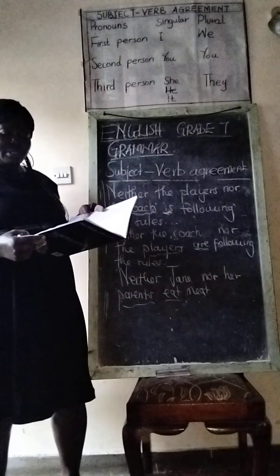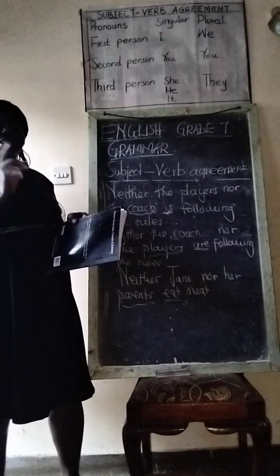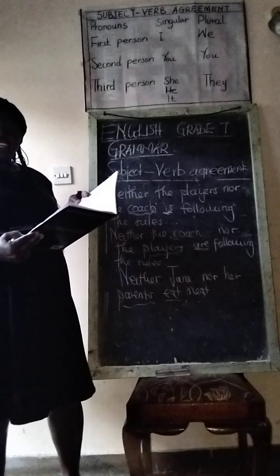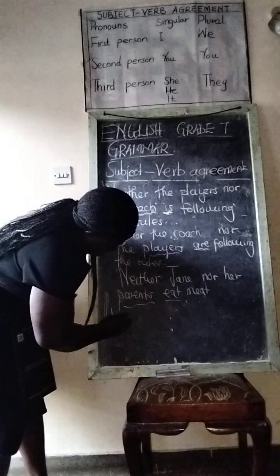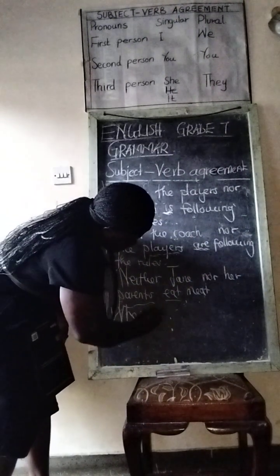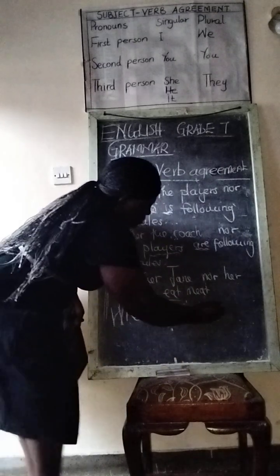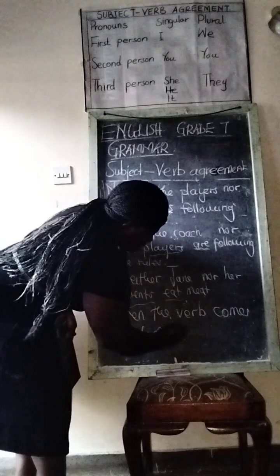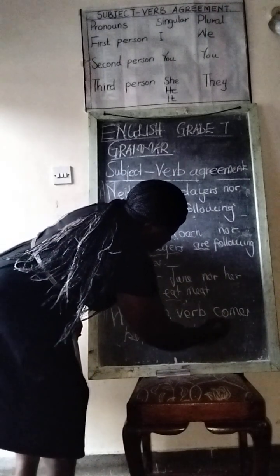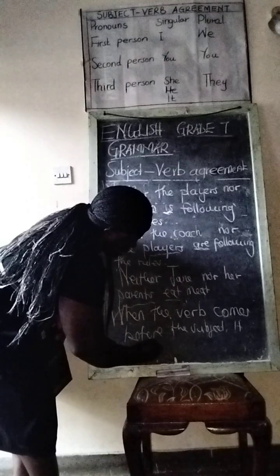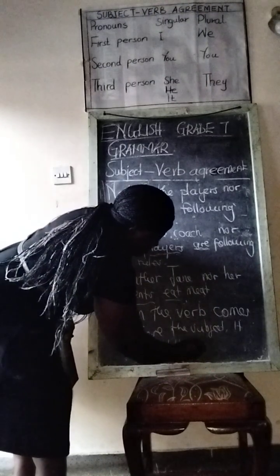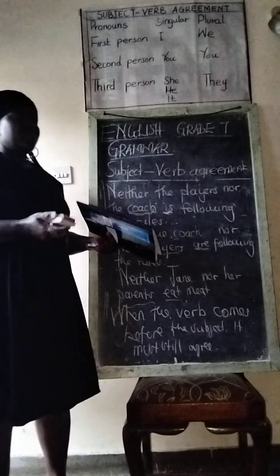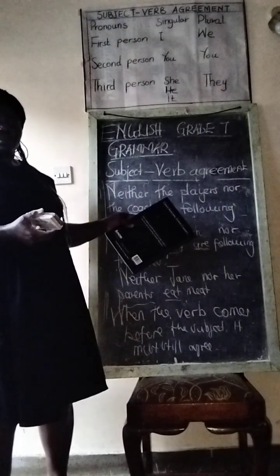Now let us look at the other rule. When the verb comes before the subject, it must still agree with the subject. Think of a sentence where the verb is coming before the subject, and in that case, both must agree.